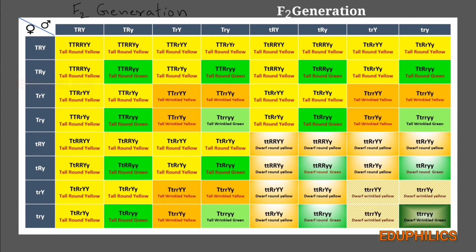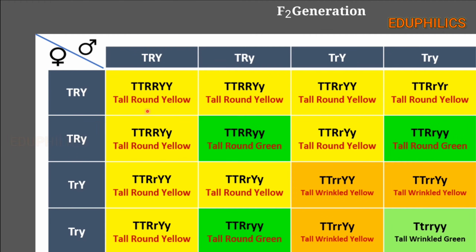Let's zoom in on a small part of this. Okay, notice here, if capital T, capital R, small y fuses with capital T, capital R, small y, a tall plant with round green seeds is formed here.